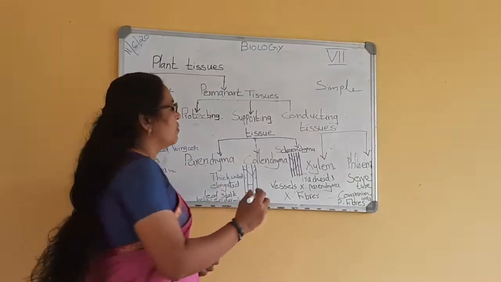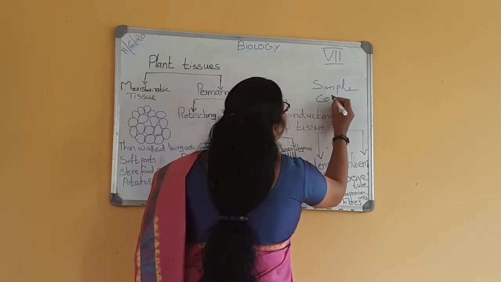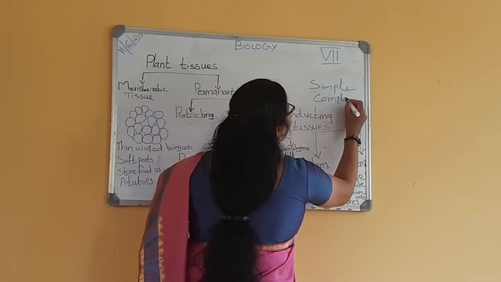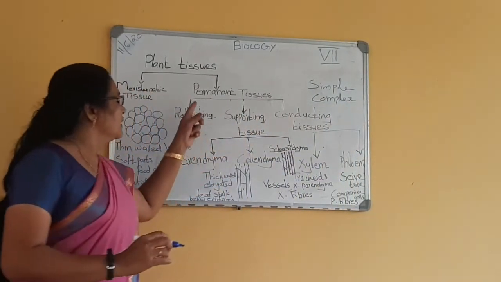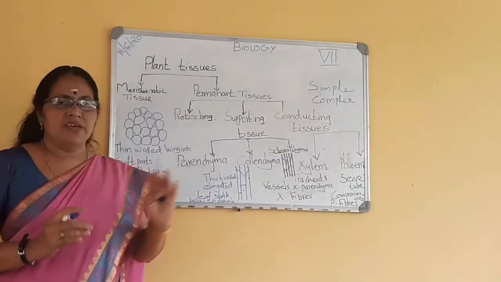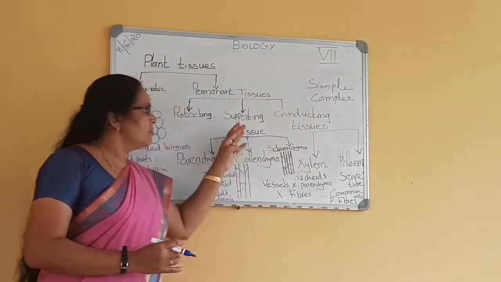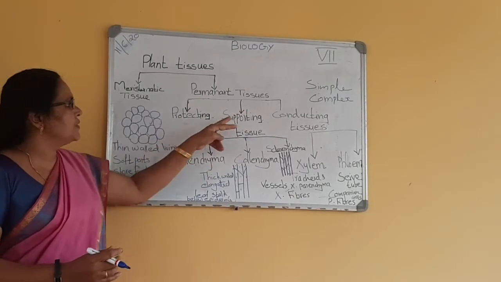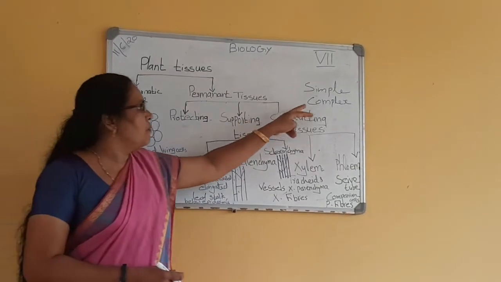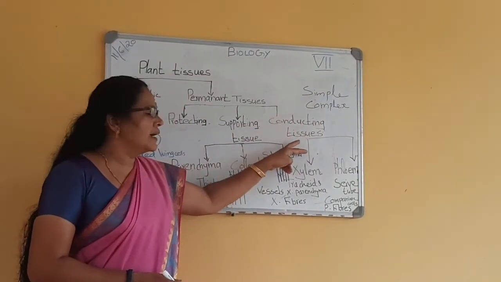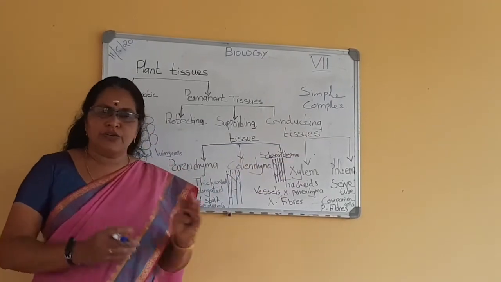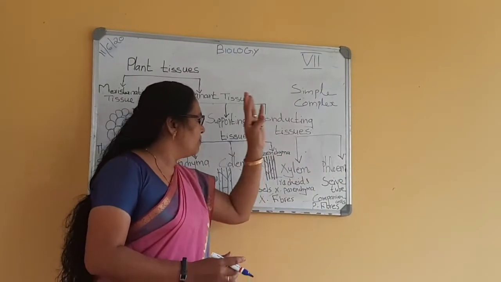So they are called complex permanent tissue. So we can say the permanent tissues are two types: simple and complex. Simple permanent tissues are protecting tissues and supporting tissues. Complex permanent tissues are the conducting tissues. Conducting tissues are two types: xylem and phloem.